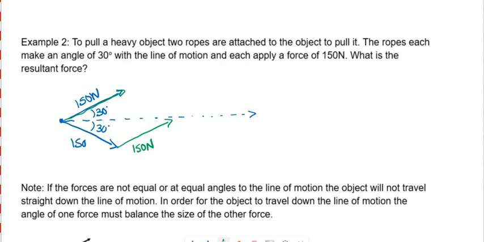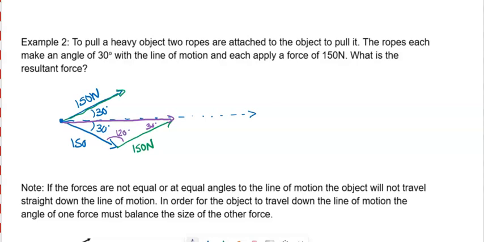Now, in order to find out my resultant force vector, by adding these two vectors tip to tail, I need to determine this enclosed angle here. And in order to do this, I'm just going to remember that the sum of angles in a triangle equals 180. And I have 30 and 30, so that's 60. That leaves me with 120 as my enclosed angle.